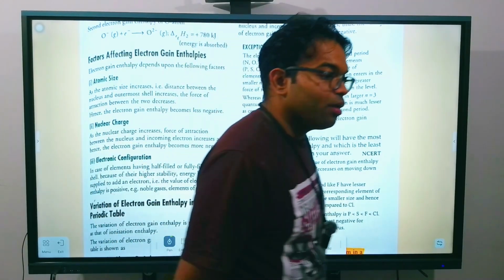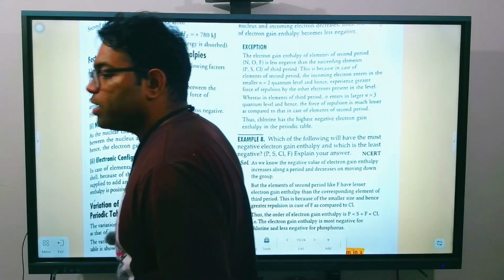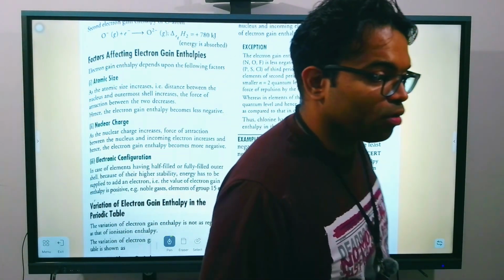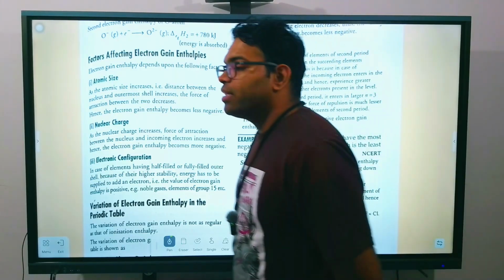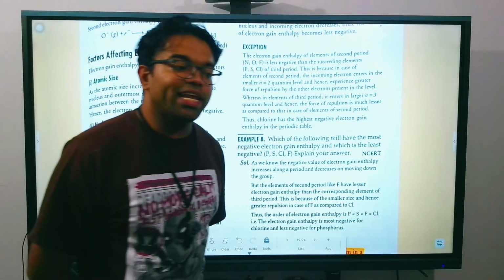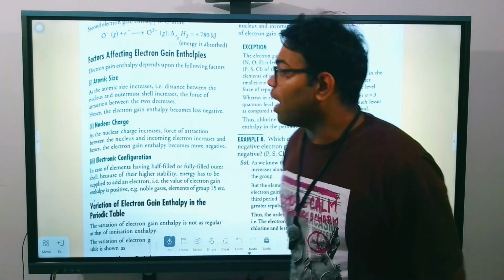Am I right? So, being much closer to the nucleus allows the nucleus to have a better hold onto the incoming electron. Okay, so if the atomic size is small, the distance is small, therefore the electron gain enthalpy will be what? Very, very high.